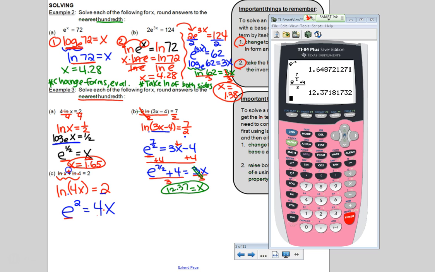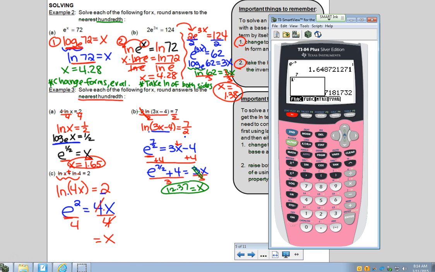I want to get x by itself by dividing the 4 out. Now I'm done. X is alone, and I can just type e to the second divided by 4 in my calculator. And it's 1.85.